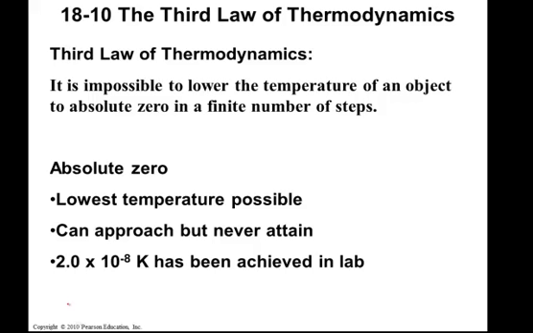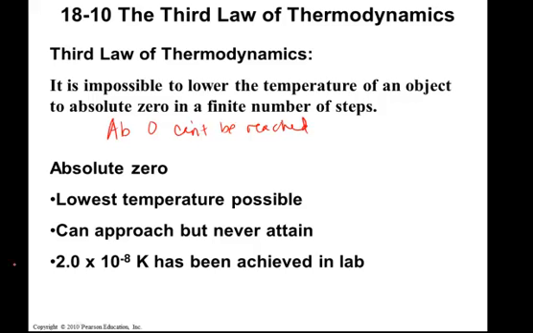Okay, so the third law of thermodynamics says it's impossible to lower the temperature of an object to absolute zero in a finite number of steps, meaning I cannot reach absolute zero. So absolute zero can't be reached.